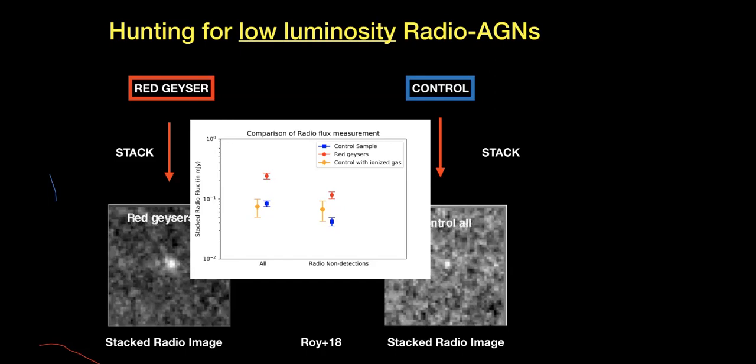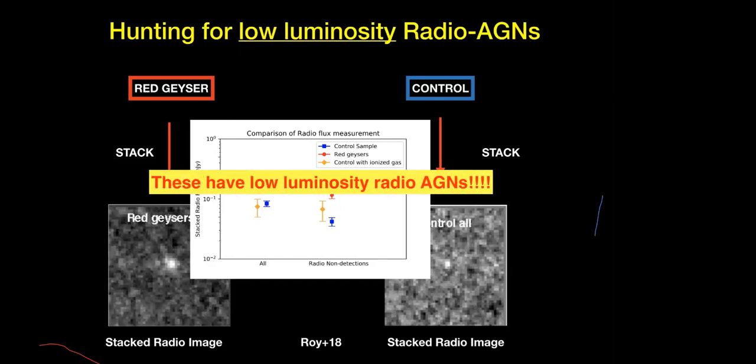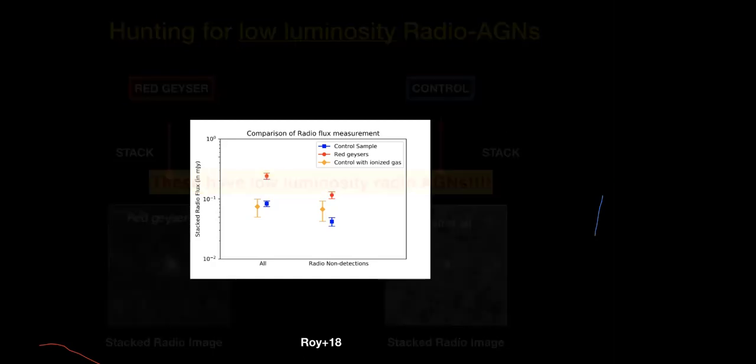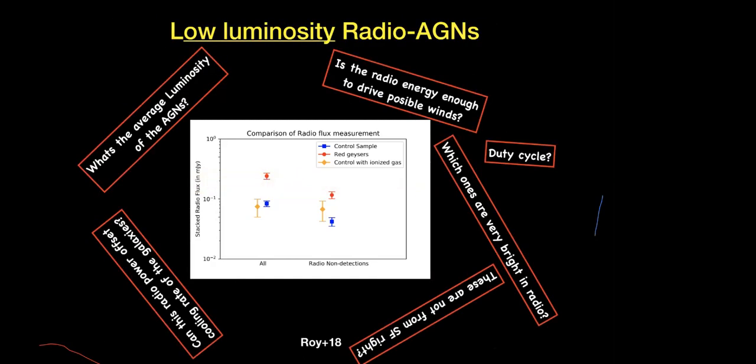And we of course ran tests, and we looked at whether this radio emission can come from other sources, and we confirmed that these are coming from low luminosity AGNs at the center. And I wanted to point out that from this plot itself, there are a bunch of other scientific questions that can be answered.